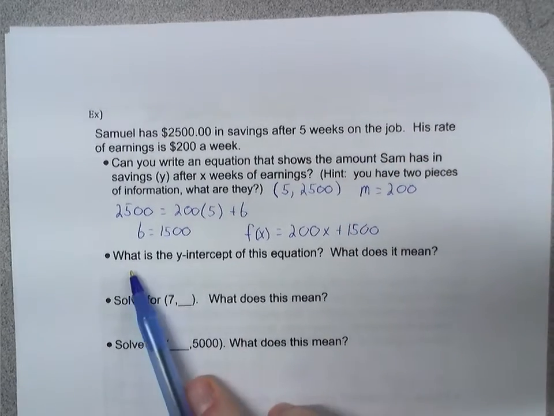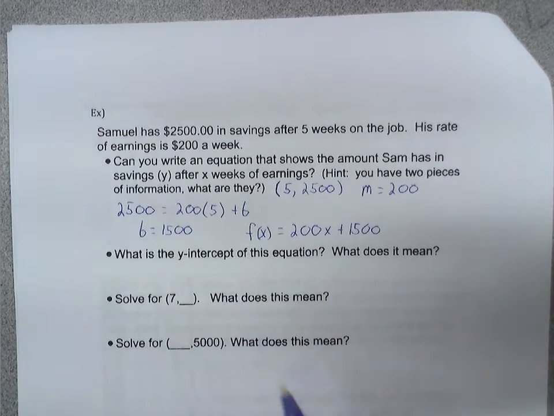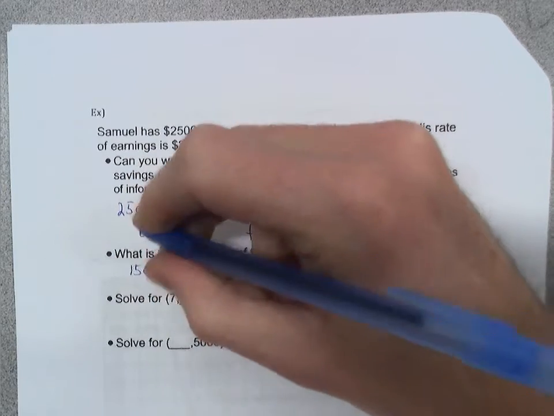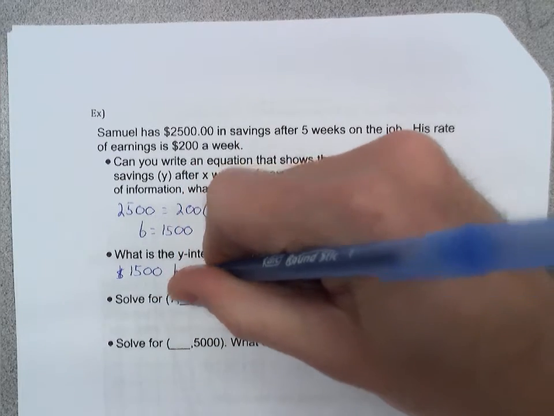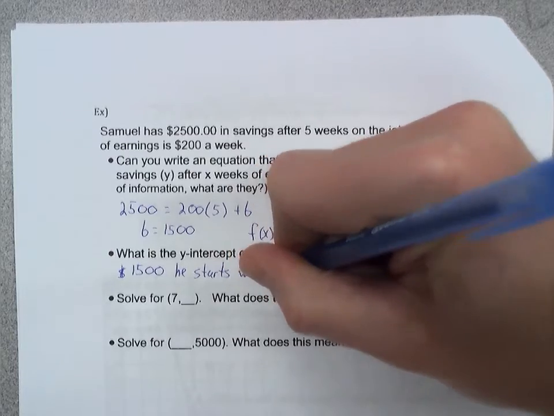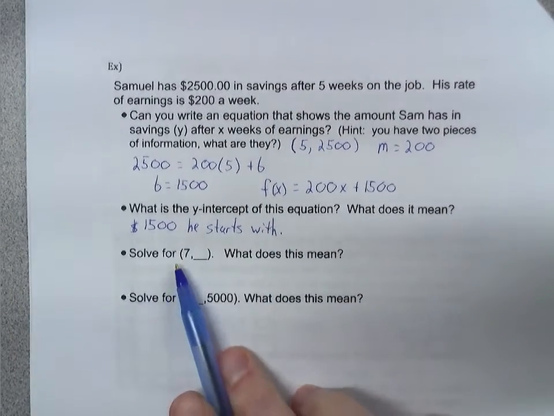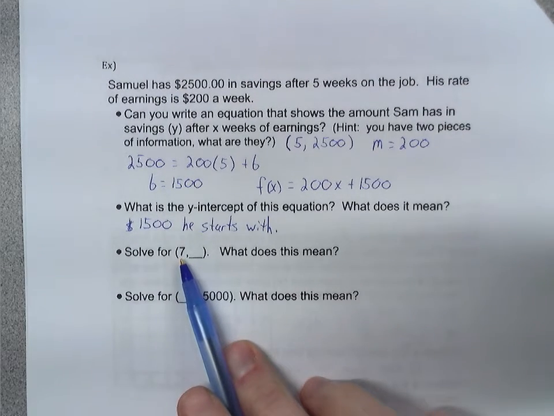So now it says, what is the y-intercept of this equation? What does this mean? Well, the y-intercept is the $1,500 he starts with. So he already started with some money. Now we want to solve for 7. What does that 7 mean? That means 7 weeks.